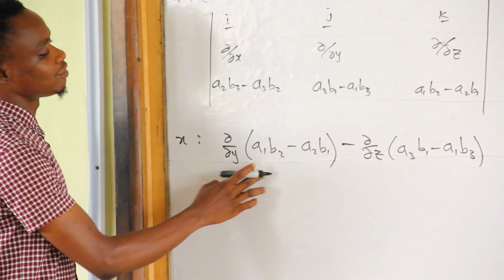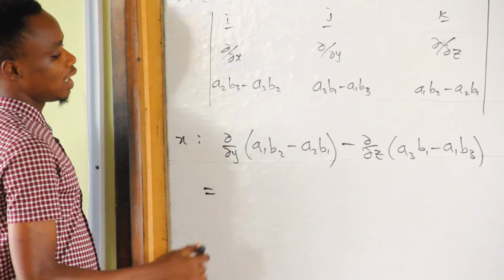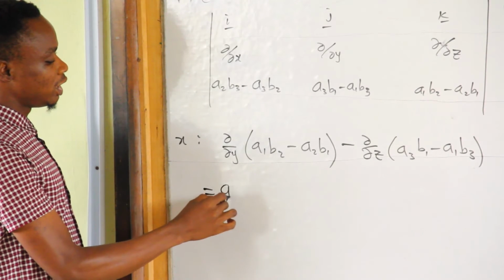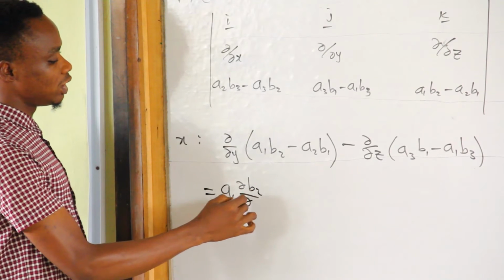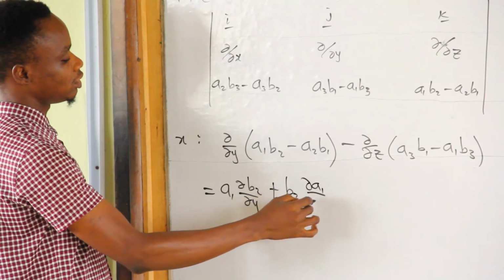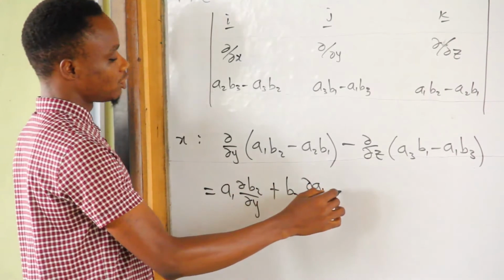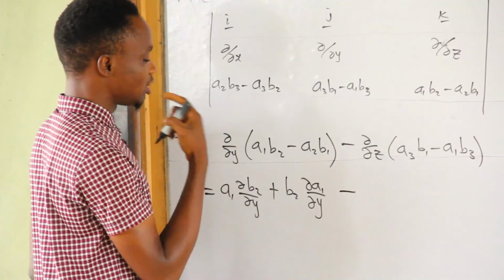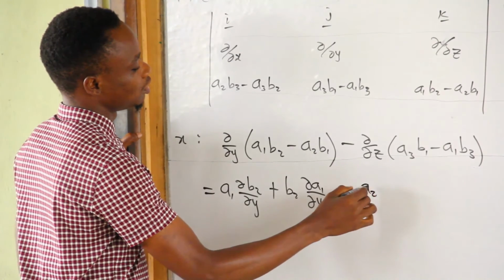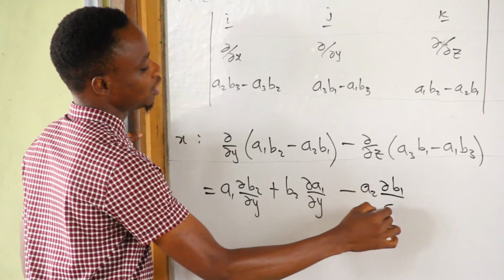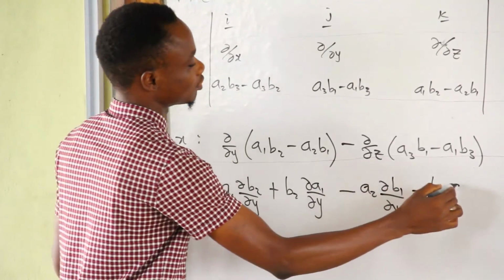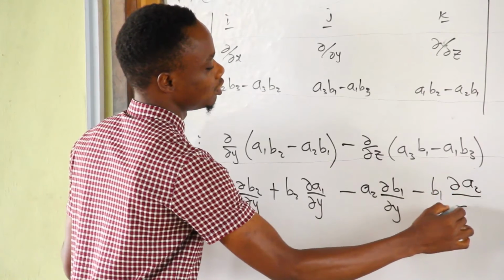If I simplify this one, if I want to differentiate this, I have to use the product rule. It's a product of two components. So I'm going to have A1 del B2 del y plus B2 del A1 del y. Then I'm going to pick the next one, minus of this. This is going to be A2 del B1 del y minus B1 del A2 del y.